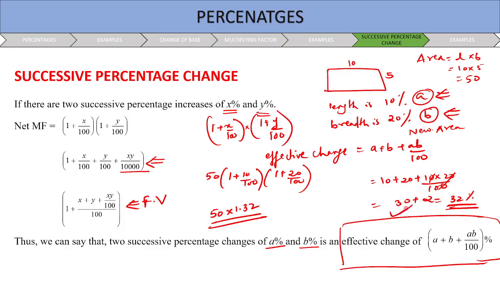So it is better to use this formula and get towards your answer in a much faster and easier manner, to use the effective change whenever there is a percentage change of two values successively, or even of one value successively. I hope this sum is also clear.